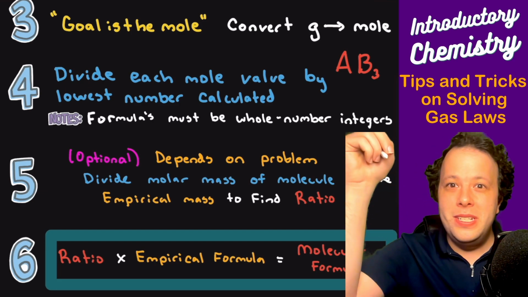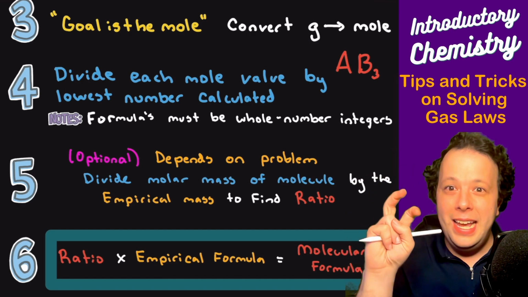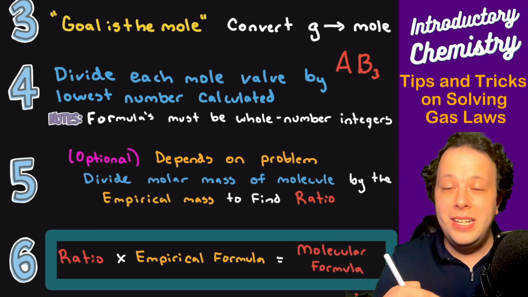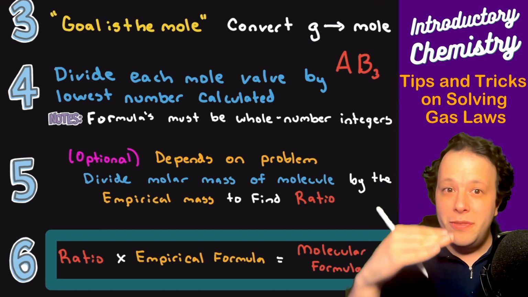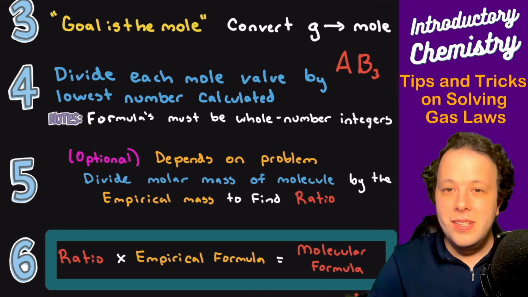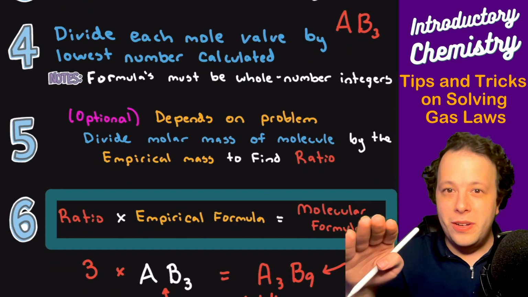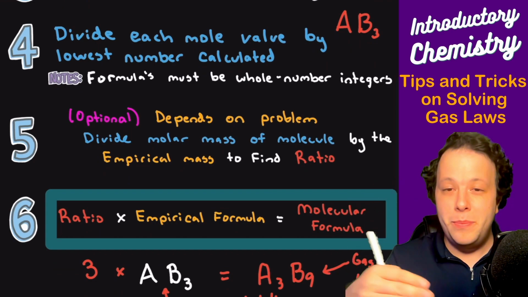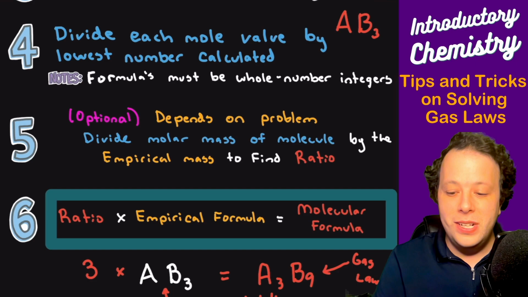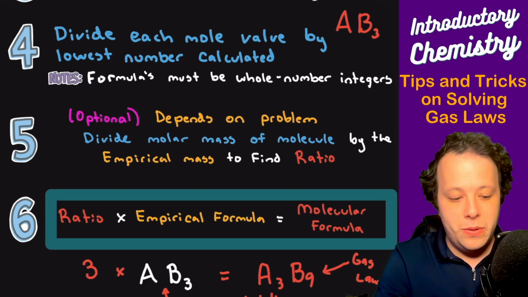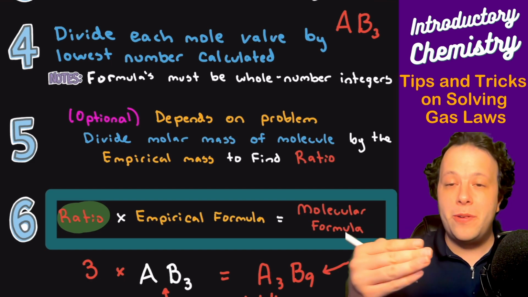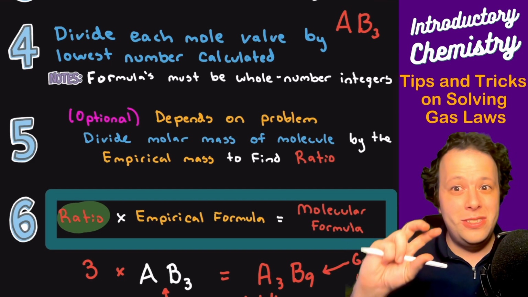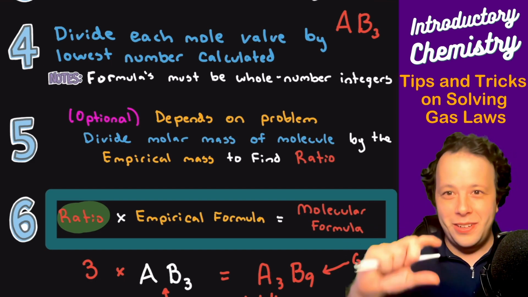So with that, let's say that AB3 molecule, you'll find the empirical mass. And now you will divide the two. When you divide the bigger one, which is the molecular mass, by the empirical, you're going to gain a ratio. If you get a decimal, that means you divided it wrong. You have to flip the two numbers.